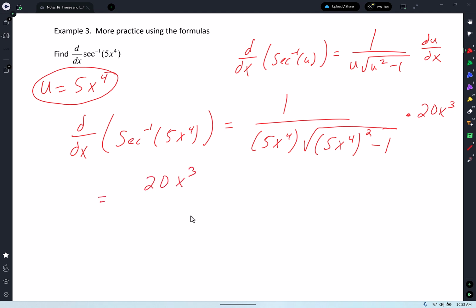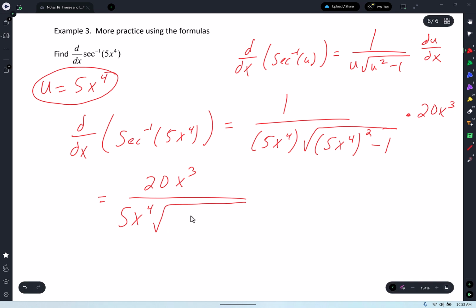20x cubed. Don't worry, we're going to simplify it. 5x to the 4th, square root, let's write it, 25x to the 8th minus 1. Catch up to here. How many times does 5 go into 20?